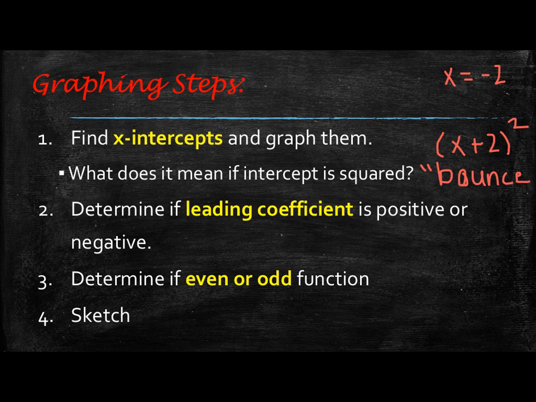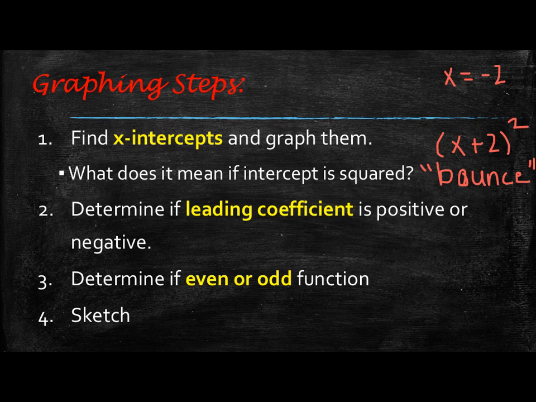You'll see what that means once we actually do a couple of examples, but for right now, just know that if the factor is squared, the graph is going to bounce off of it. Then you're going to determine if the leading coefficient is positive or negative.